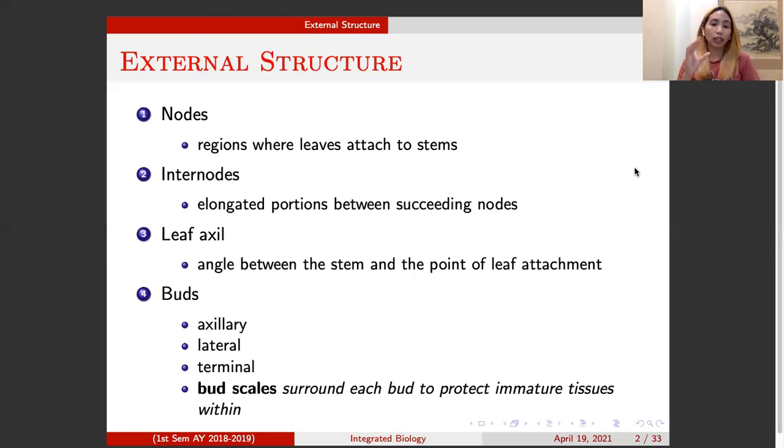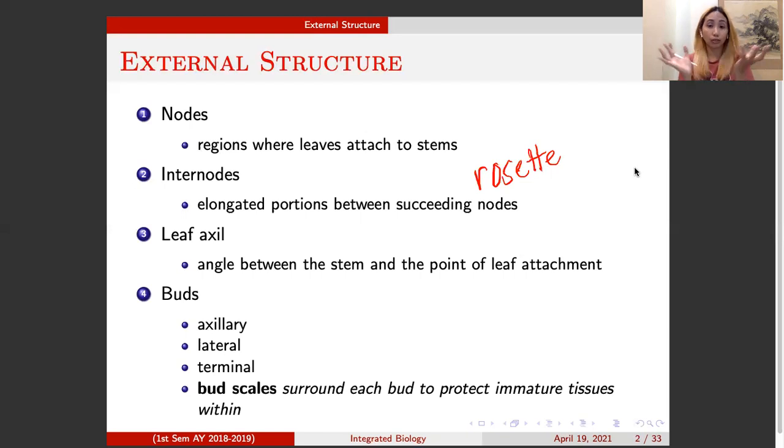This is the elongated portion between succeeding nodes, and internodes differ in length in different species of plants. For example, plant types that exhibit the rosette type, as we call it. Rosette plants are those plants that form a rose or flower-like morphology.